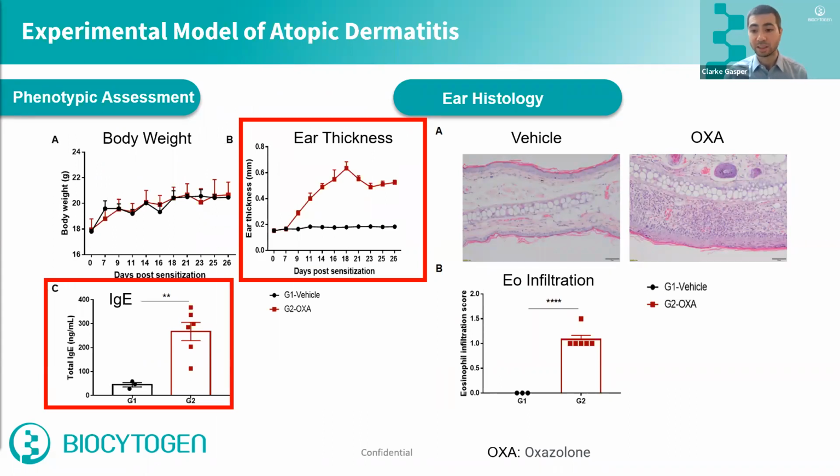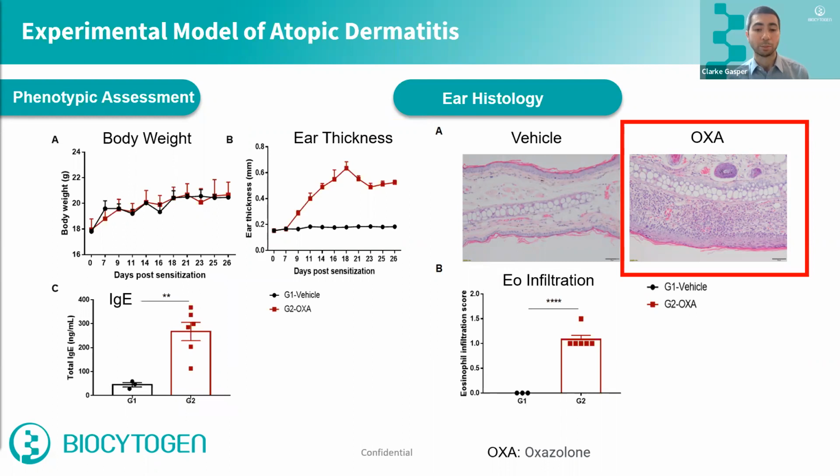In addition, histology analysis on the right demonstrates that oxazolone induces stromal cell proliferation and inflammatory cell infiltration in both the dermis and subcutaneous tissue. And so this is confirmed by quantification of eosinophil infiltration here.